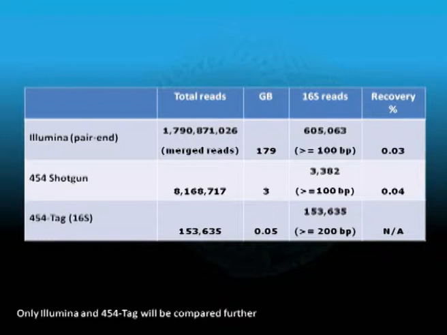If you do a 454 shotgun, let's say 8 runs, 8 runs of 454 will give you about 8 million sequences and 3,000 16S. As you see here, there's a difference. You can probably do a nice community analysis with 600,000 reads, but it's going to be much more difficult with 3,000. And this is about 8 runs. If you calculate, it might be about 7,000 to 8,000 euro per run.